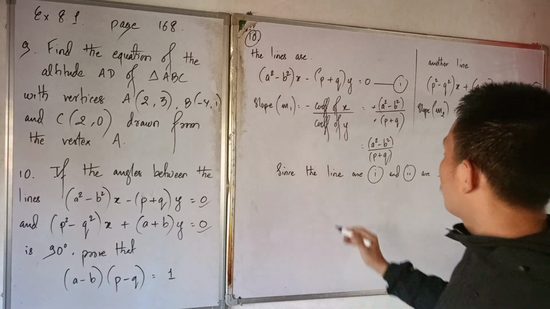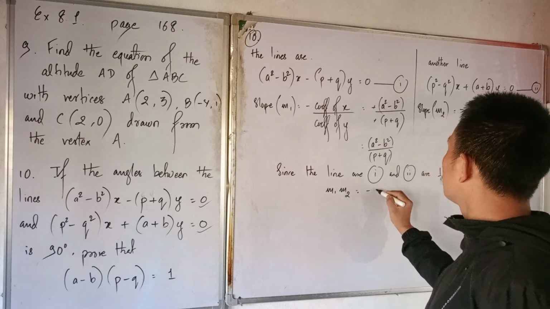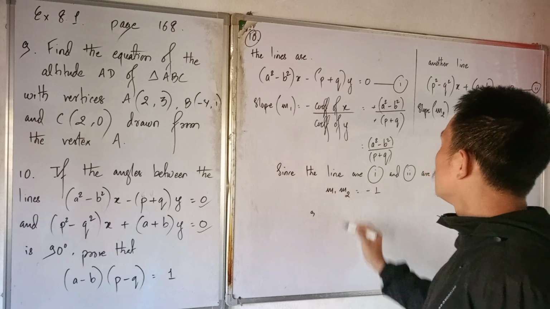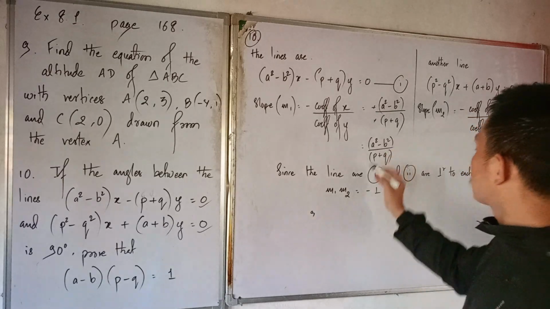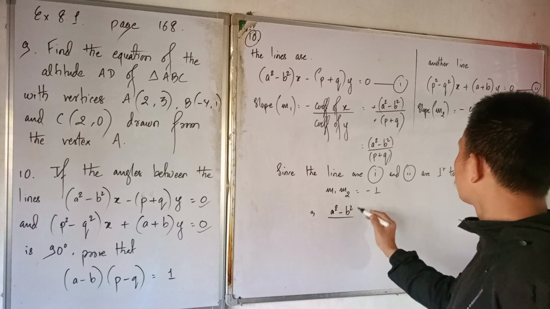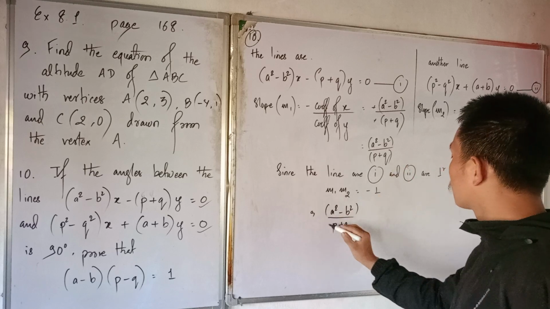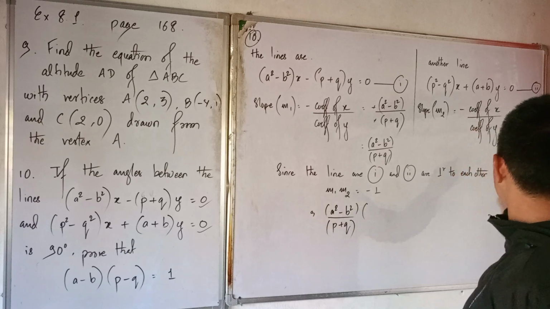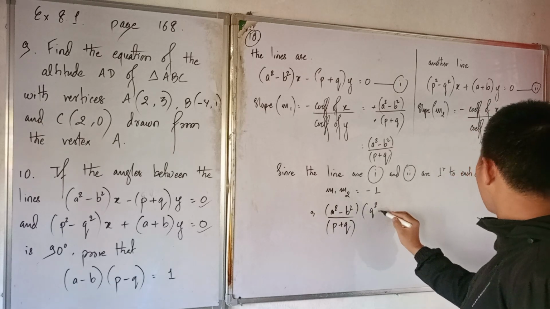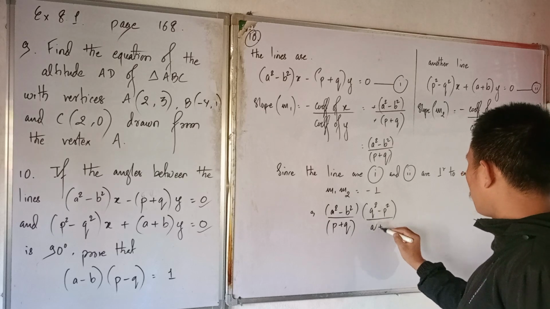The product of their slopes, m1 times m2, must be minus 1. So m1 we have (a square minus b square) divided by (p plus q), and m2 we have (q square minus p square) divided by (a plus b).